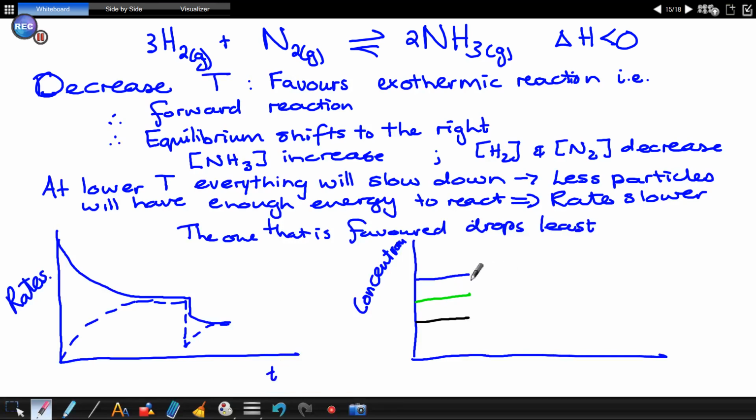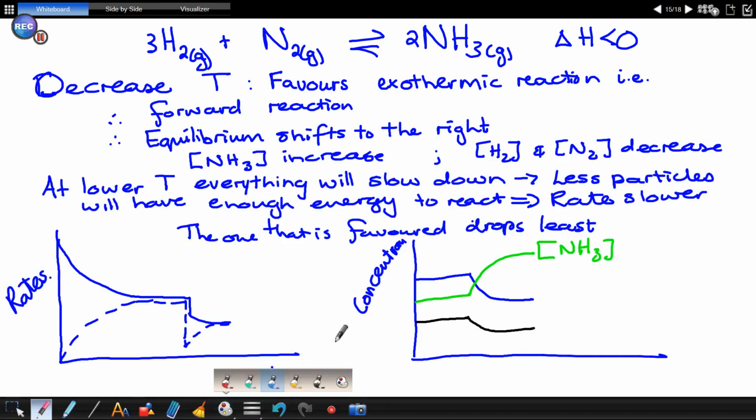So, no, wait a moment. The hydrogen will be used up gradually. The nitrogen will be used up gradually. Am I right? Yes. And the ammonia will be formed. More ammonia will be formed gradually. So this one is for NH3.